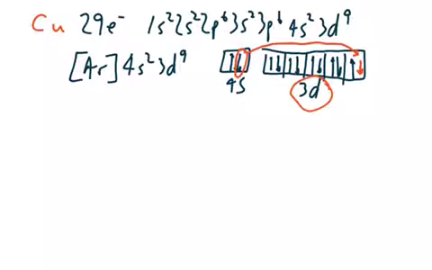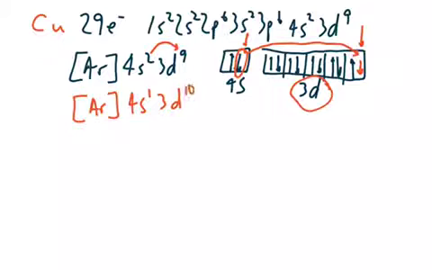It's more stable to fill out the 3d before you fill out the 4s. So instead of pairing up with the 4s originally, it would rather jump over here and completely fill the d orbital, and in doing so it becomes more stable. So the electron jumps from the 4s2 to the 3d9, and the actual configuration for copper ends up being 4s1 3d10.